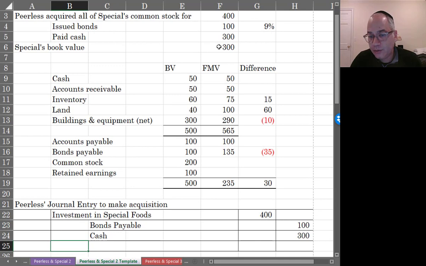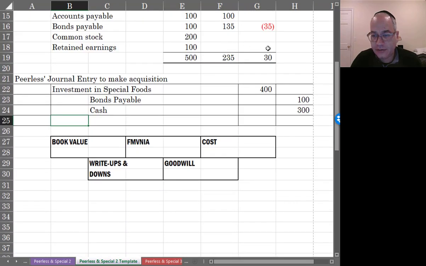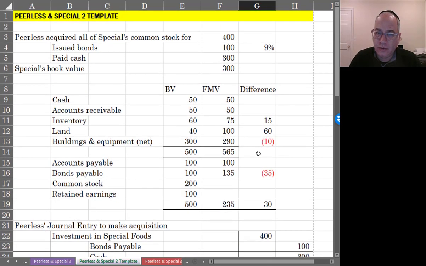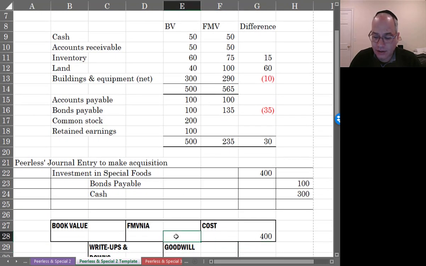So how much goodwill is there? And you could do the whole calculation if you like. If you're working for a big international accounting firm, you probably want to do the calculation in a very formal way. I'm going to use my method. They're paying a total of $400,000 here. The fair market value of the net identifiable assets is $565 minus $235, right? Because that's the fair market value of Special's balance sheet.